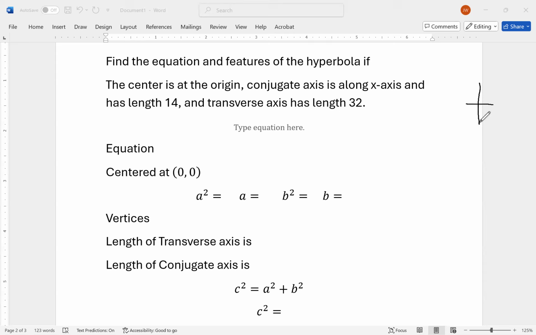Remember, at the end of the transverse axis is where our two vertices are. And so this hyperbola is going to be pointing up and down.